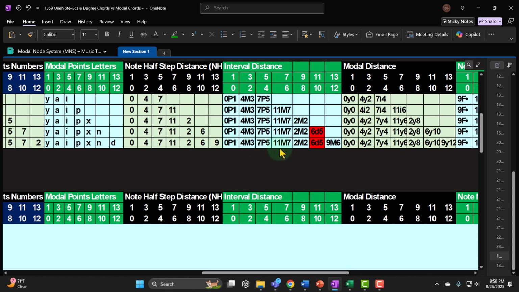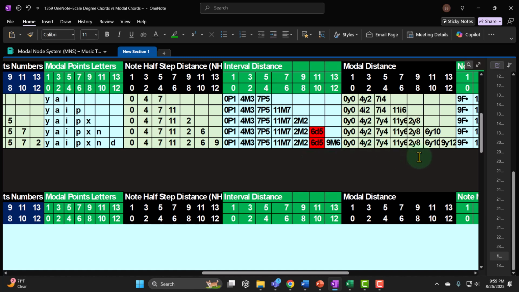We call that an 11 note away major 7, or 11 note away from the Lydian node, 6th modal half step. If we go 8 modal half steps up, it would be the 9th scale degree, which would be 2 notes up from the local distance, or 2 plus 12, 14 notes up if you take the octave into consideration, which would be a 2 note away major 2nd, or major 9.